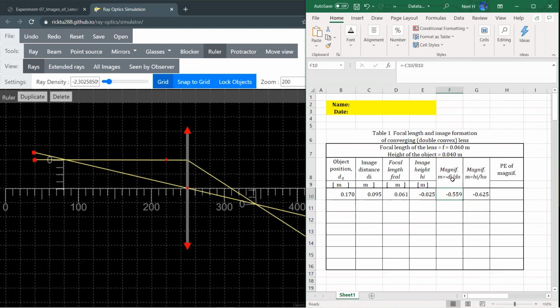Getting the magnification from the distances is about 5.59. Magnification from the height of the image over the height of the object is about 6.2. There's a little bit of error there. That makes sense because we are estimating this one. It may not be the right number.